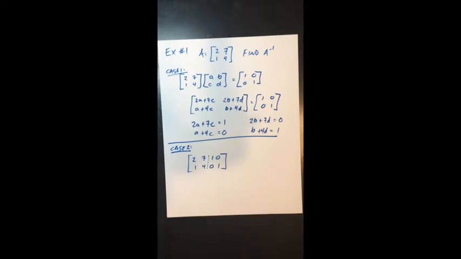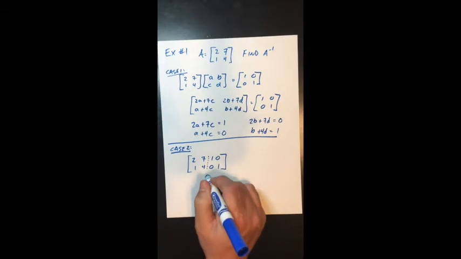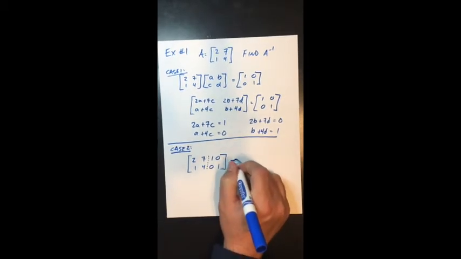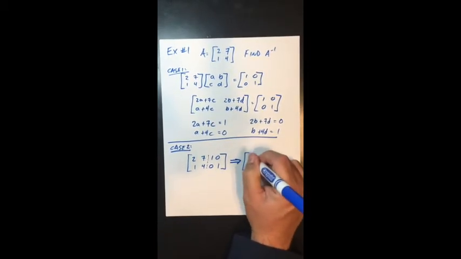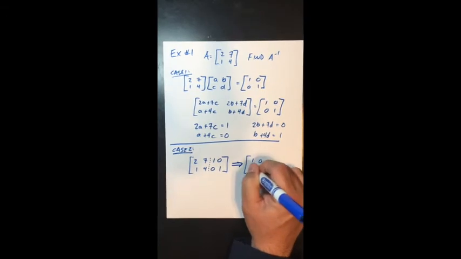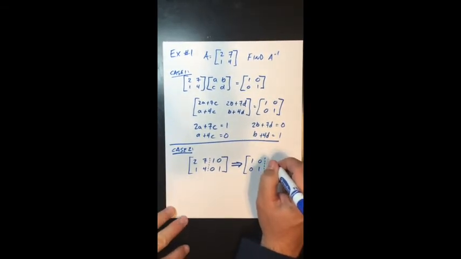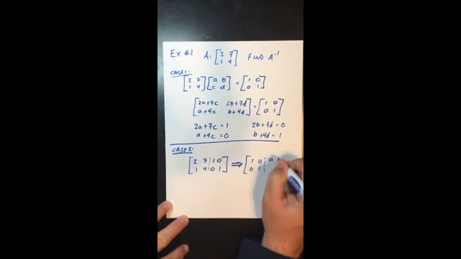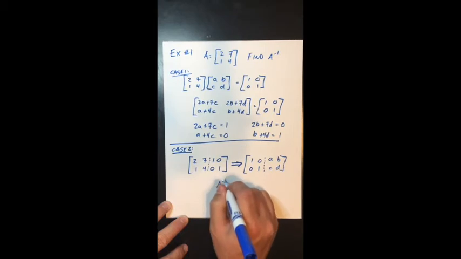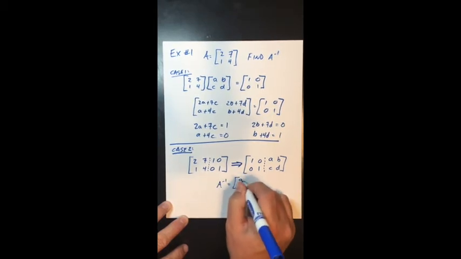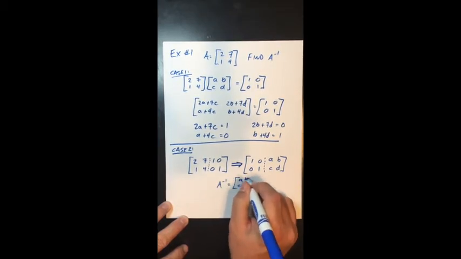So what we want to do now is use row operations to turn this into [1, 0; 0, 1], and then let's just call it A, B, C, D, and A inverse will be A, B, C, D.